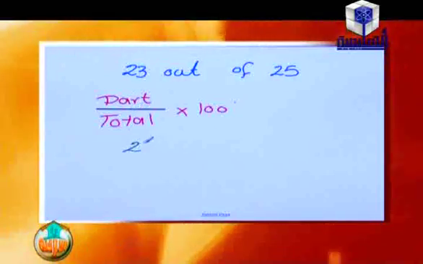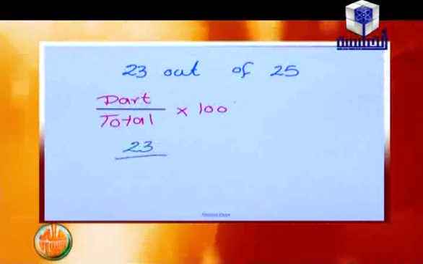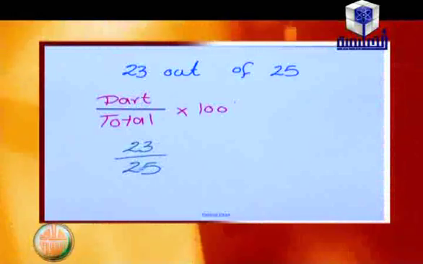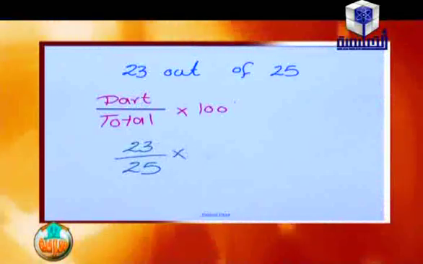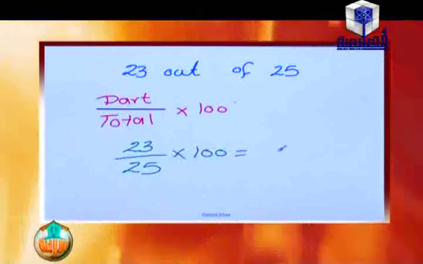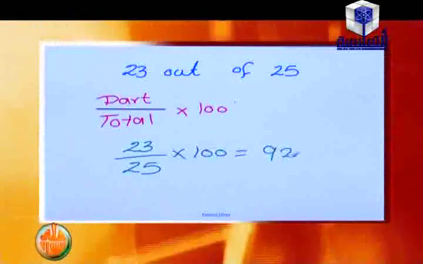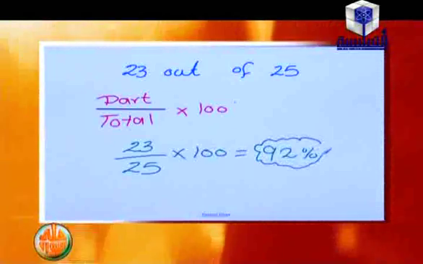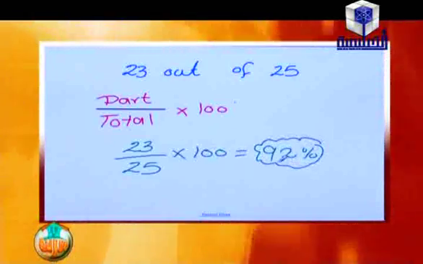Here 23 represents the part over the total, which is 25. So 23 over 25 multiplied by 100 equals 92%. So the score of the student is 92%.